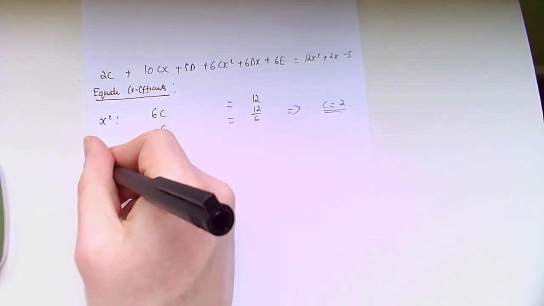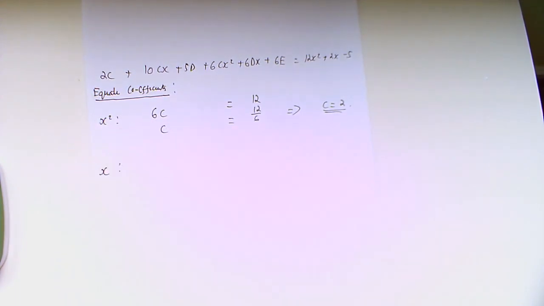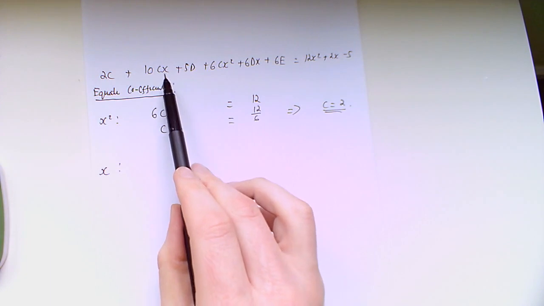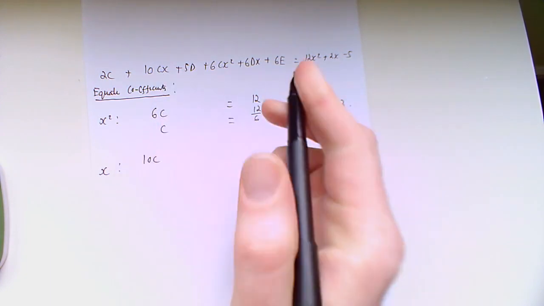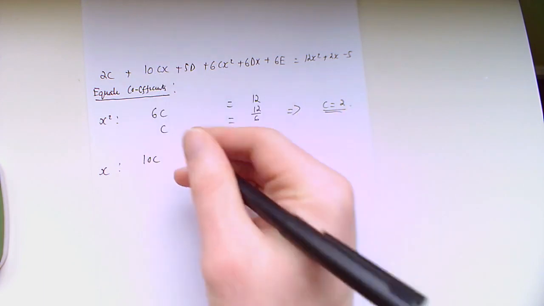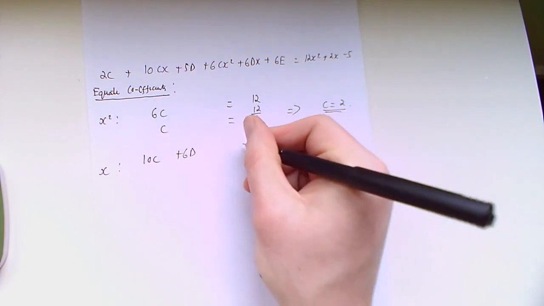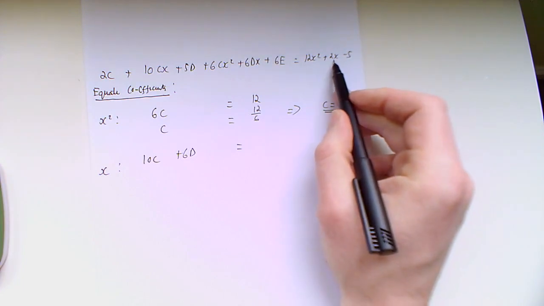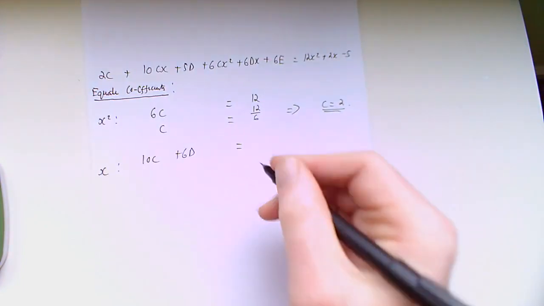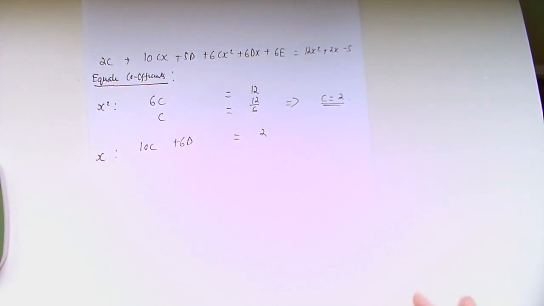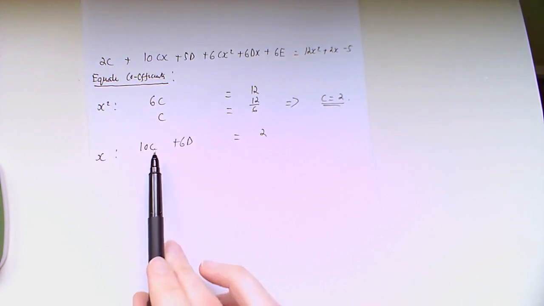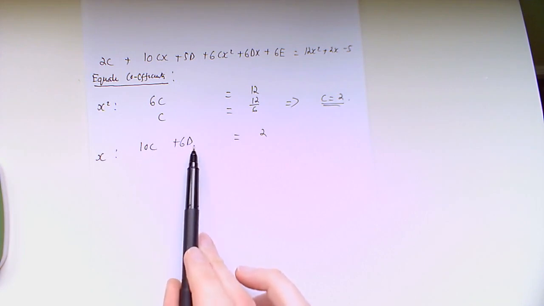Right, we're now going to look at x's. Again, all you're doing is looking for the number and letter that appears in front of x on both sides of the equation. So I've got 10c of them here and 6d of them here, and that is equal to 2 of them on this side. I've got 2 letters here, and I really want to know what d is.